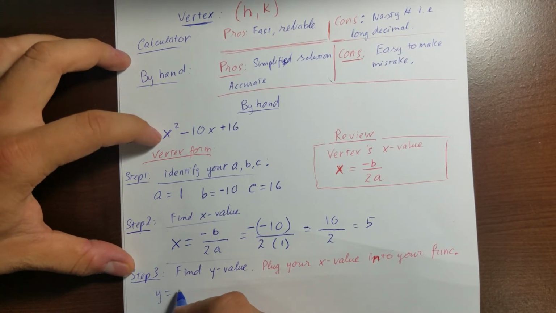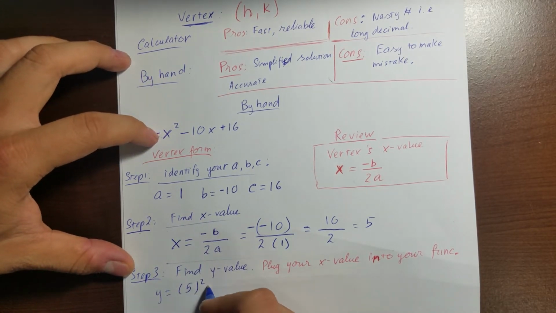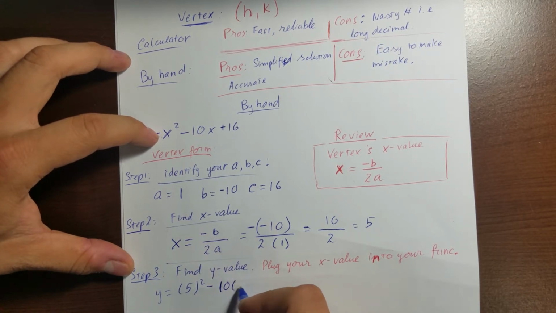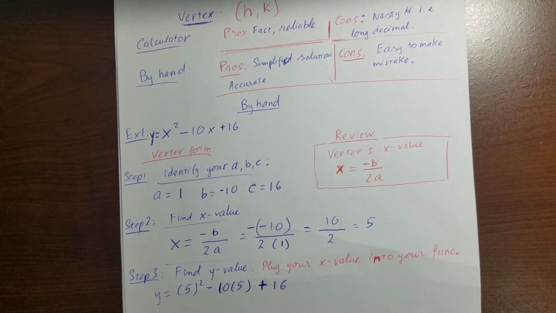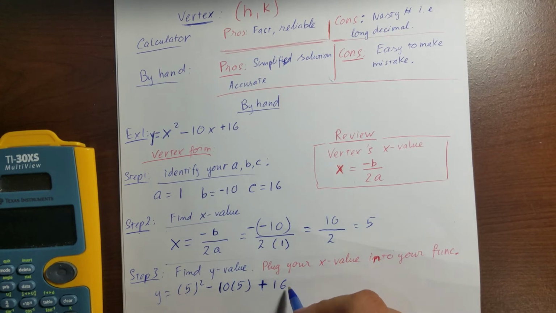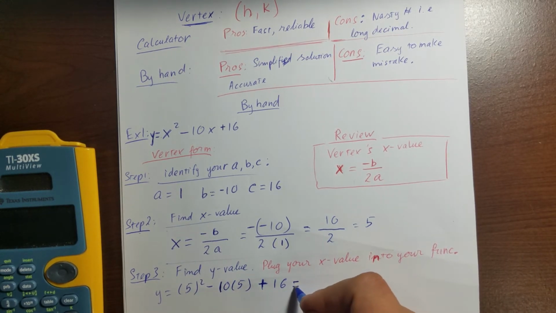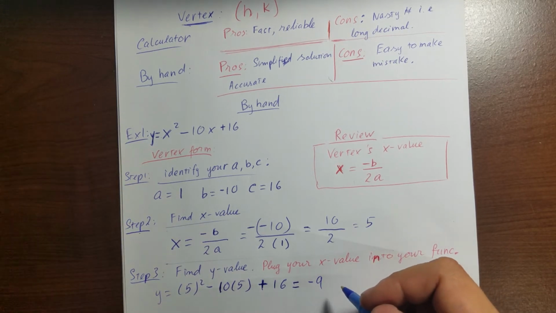Therefore, y equals 5 squared minus 10 times 5 plus 16. This number is way too big, so I have to use the calculator. You can type it in your calculator, or if you're good with multiplication in your head, feel free to do it. But make sure you check your solution before you submit it. In this case, my y value will be negative 9.